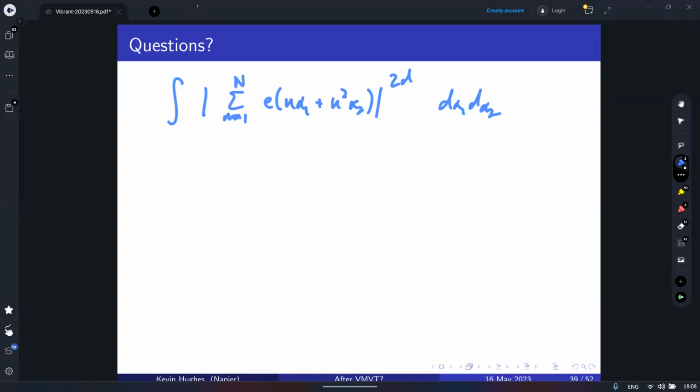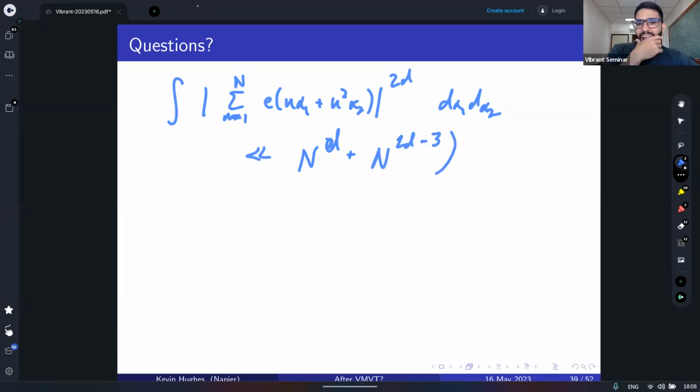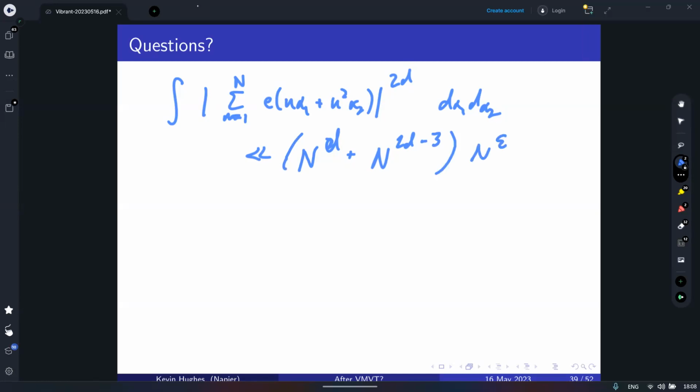The Vinogradov mean value theorems say that this is always going to be at most N to the d plus N to the 2d minus k(k+1)/2, up to some factor of N to the epsilon I don't really care about.